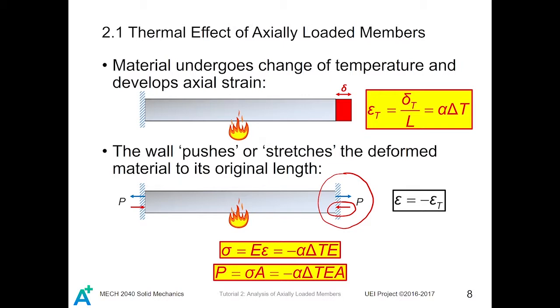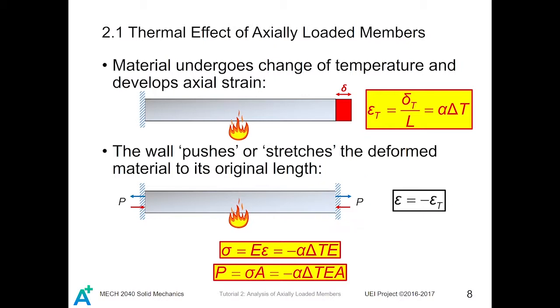That means the bar is elongated by the thermal expansion, the positive temperature change, right? Then the clamped end must push you back, apply a compressive stress on you, right? After you apply the compressive stress, then you will have a negative axial strain over this entire region. Therefore, we can say the axial strain caused by the external load equals the negative of the thermal strain.